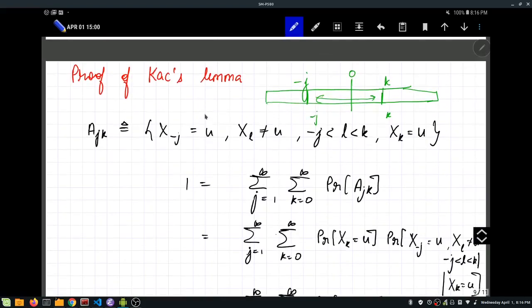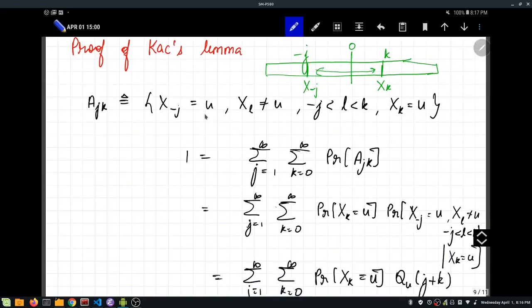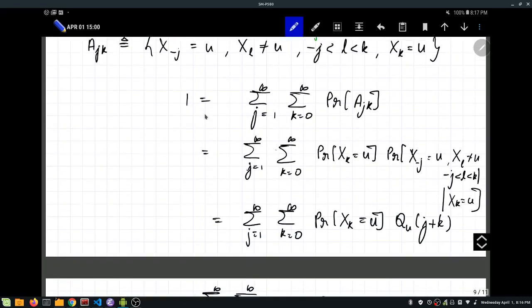Okay, so we have the process X minus infinity to X plus infinity. A_jk is the event that X minus j matches with X_k, but X_k does not match with anything between minus j to k.